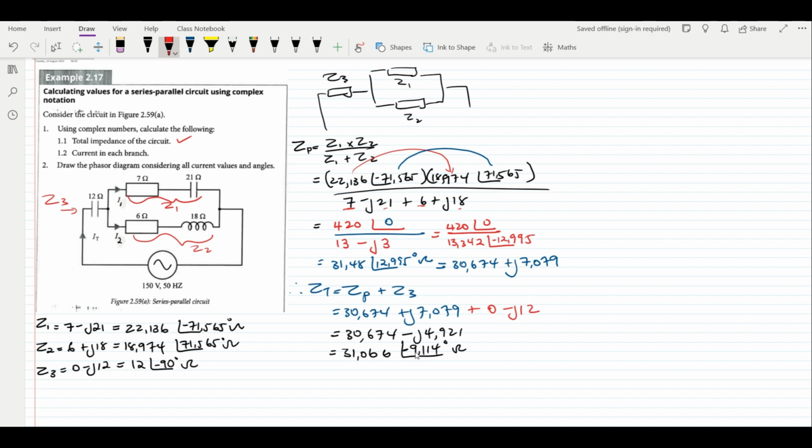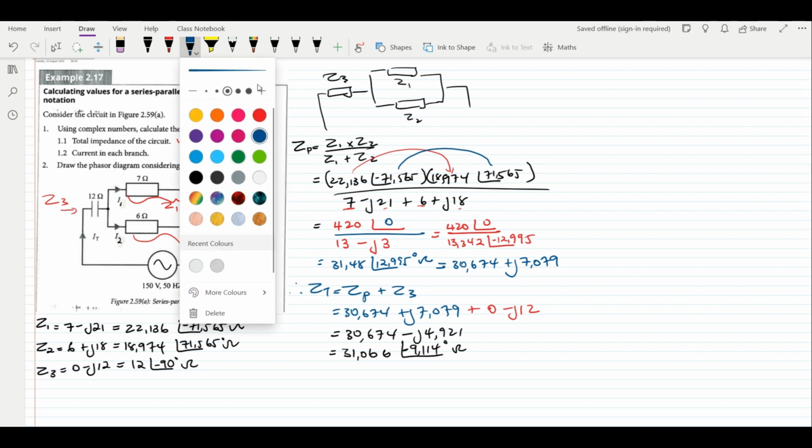The second question now we need to tackle is to calculate the current in each branch. Now, to calculate the current in each branch, we need first to calculate the total current in the circuit, right? So the total current in the circuit, let me use a different color here. We can use green, it's fine.